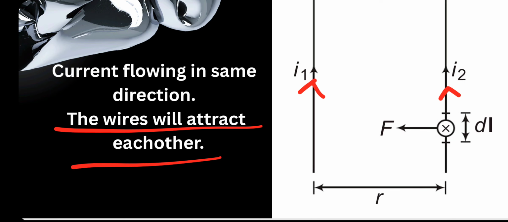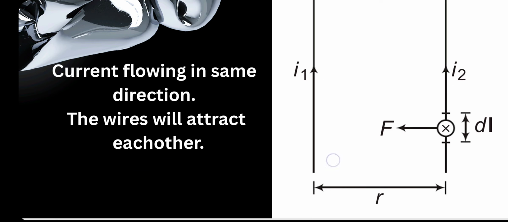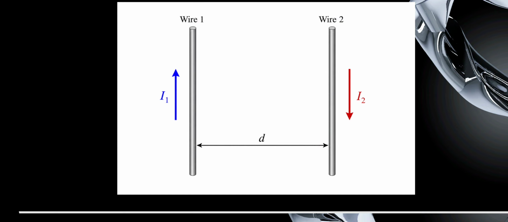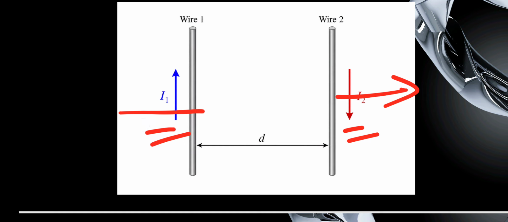The two current carrying wires will attract each other, right? If the direction is opposite, then the current carrying wires will repel each other.